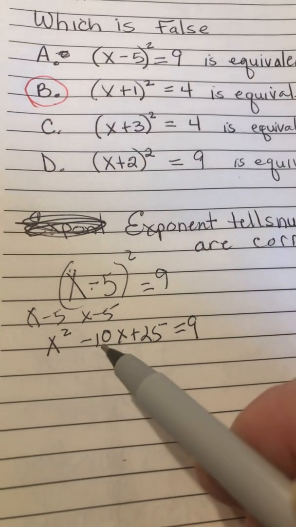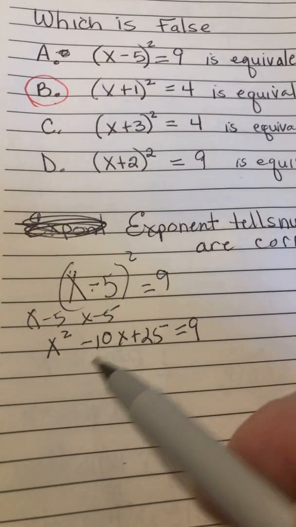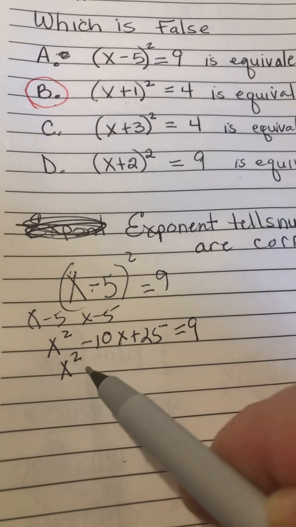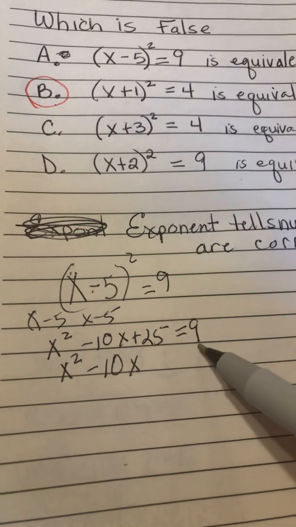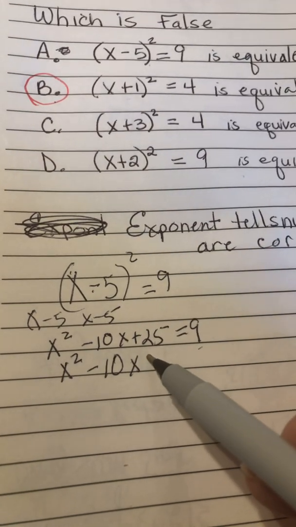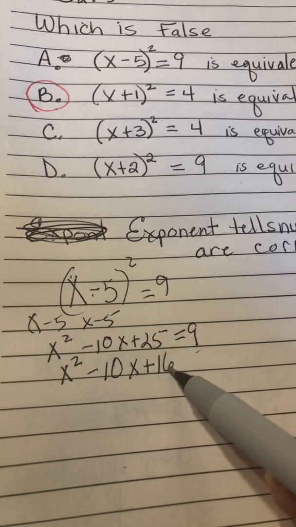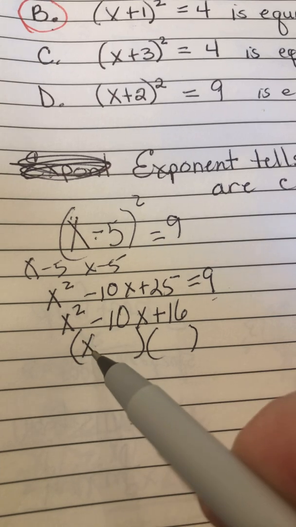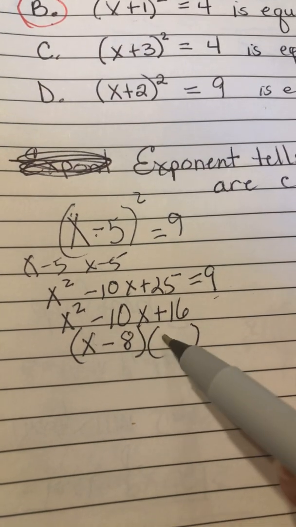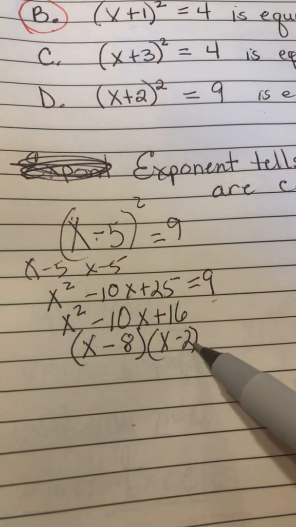And then you want to make it equal to 0, so you can factor it or use the quadratic equation or whatever, but you can subtract 9, which would be plus 16. And then if you factor this, it would be x minus 8 and x minus 2.